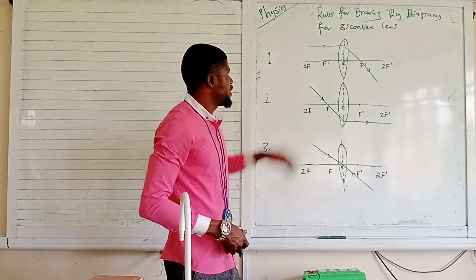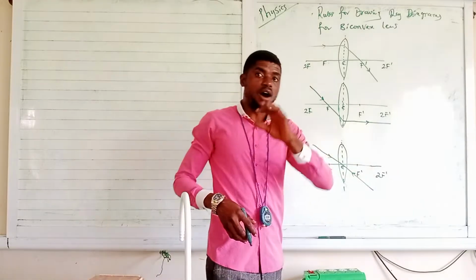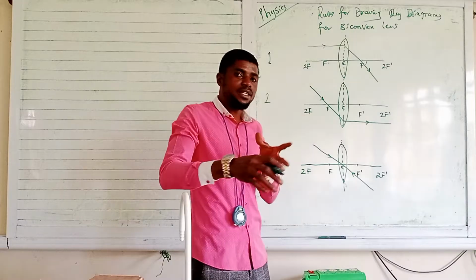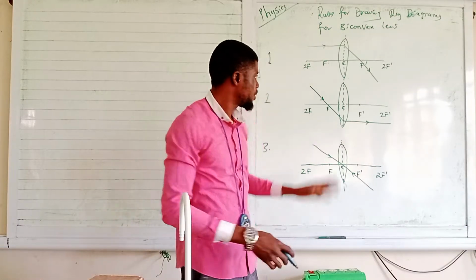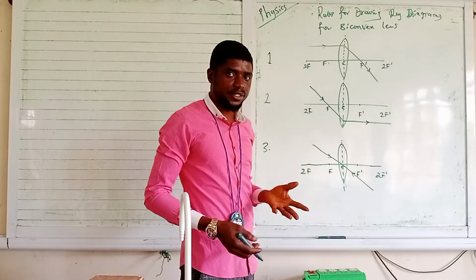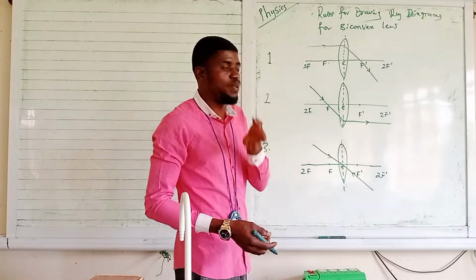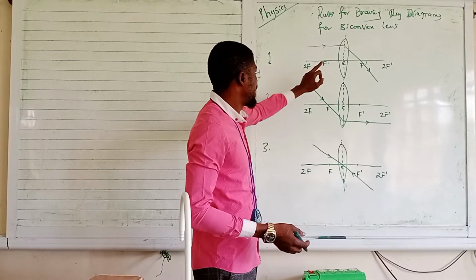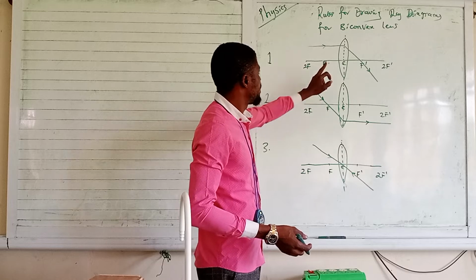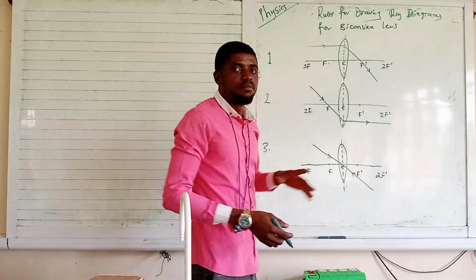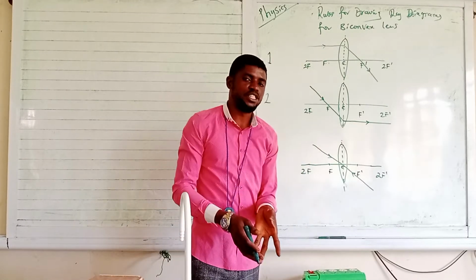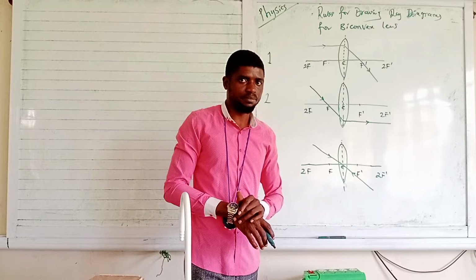So, the next thing is the geometry of the whole system. So, as we did in the concave mirror, here too is the same thing. The position of the object, we could decide to place an object at 2f, at f, or between 2f and f, between f and c, and then that will determine the rules that we are going to combine to draw that particular ray diagram.